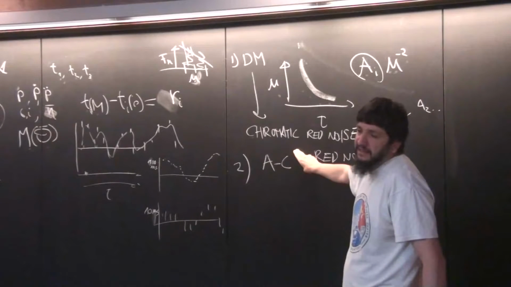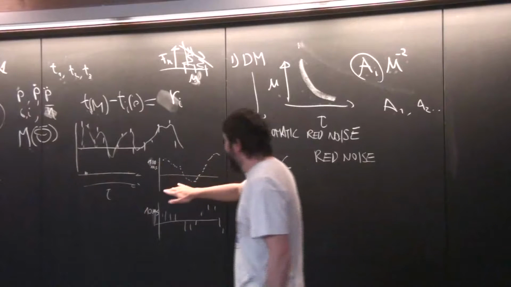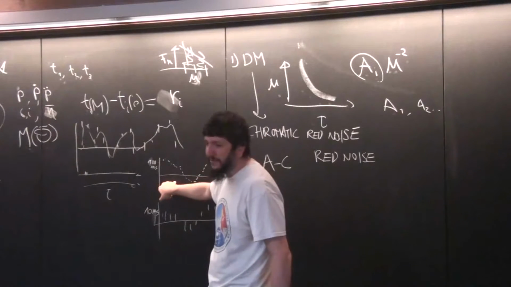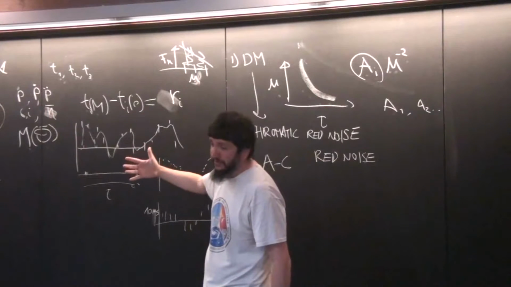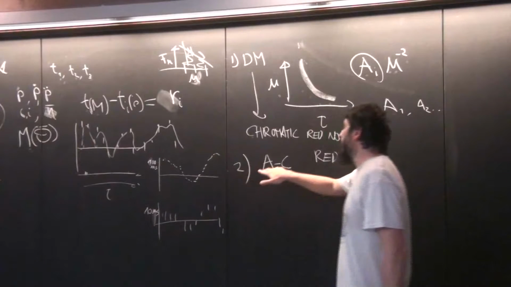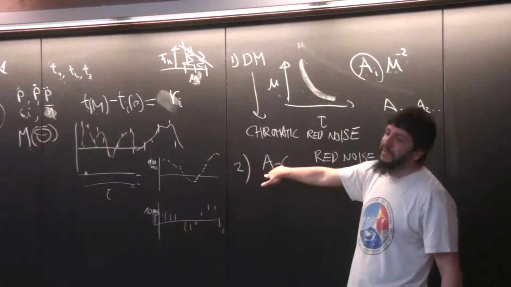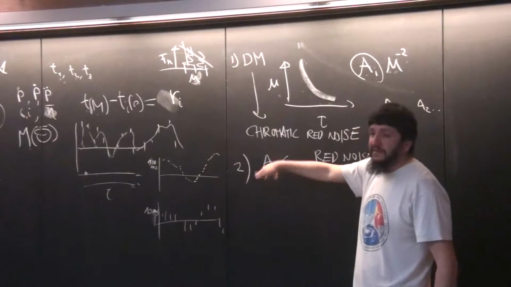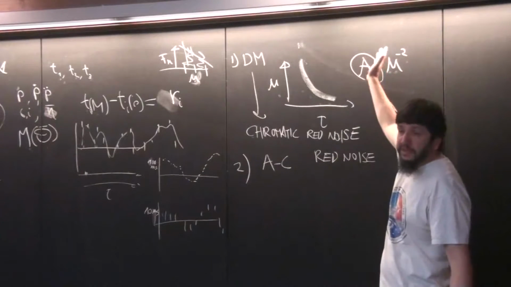I mean, it's not exactly the case, in fact, because if you look at the pulse profile at different frequencies, you can find that there is profile shape evolution as a function of frequency. But in general, let's put it that way. This doesn't have to be necessarily achromatic, but in general it doesn't have any dependence on frequency that looks like frequency to the minus 2 a priori.